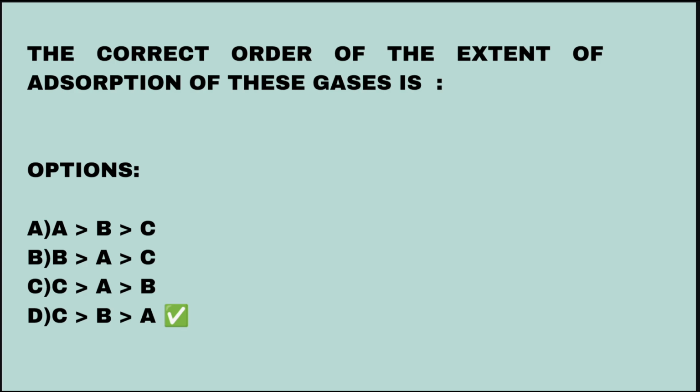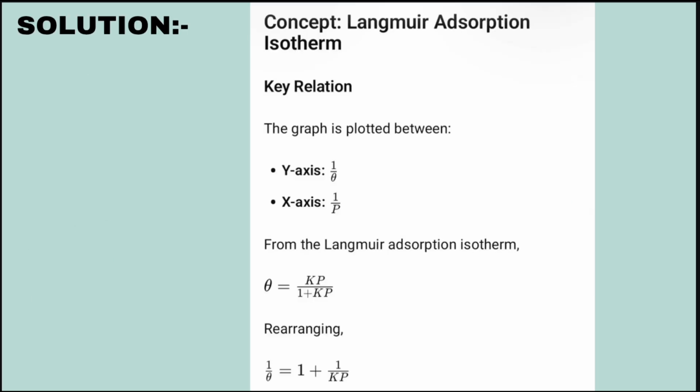Here the correct order of the extent of adsorption of these gases is, here four options are given. Option A is A greater than B greater than C, and option B is B greater than A greater than C, and option C is C greater than A greater than B, and option D is C greater than B greater than A.